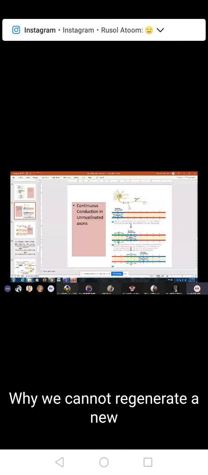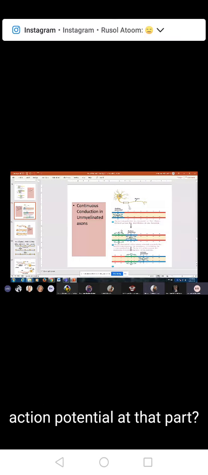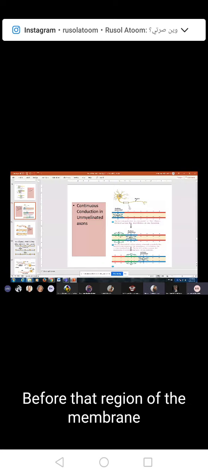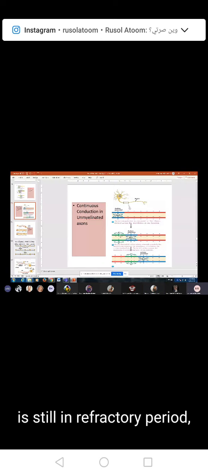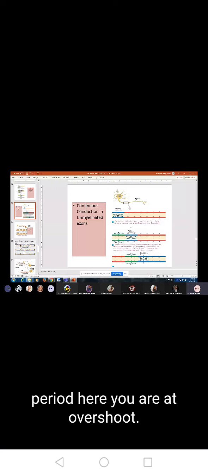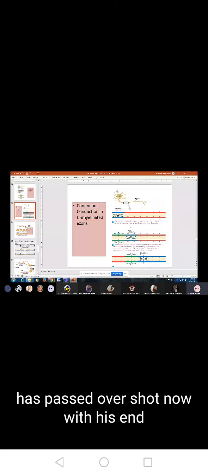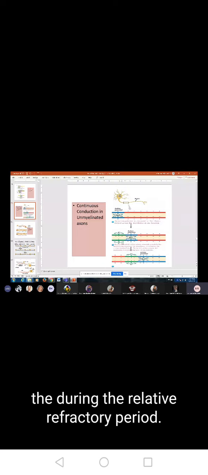Why can we not regenerate a new action potential at that part? Because that region of the membrane is still in refractory period. Here you are at the overshoot, but behind that, the region has passed the overshoot. Now it is in repolarization, during the relative refractory period.